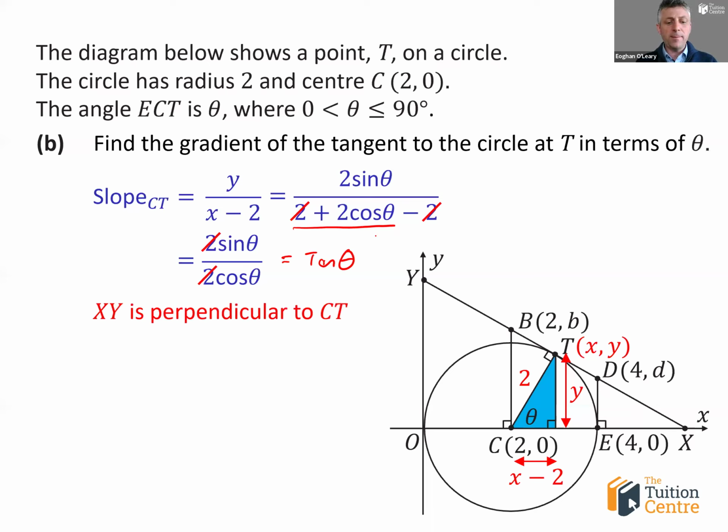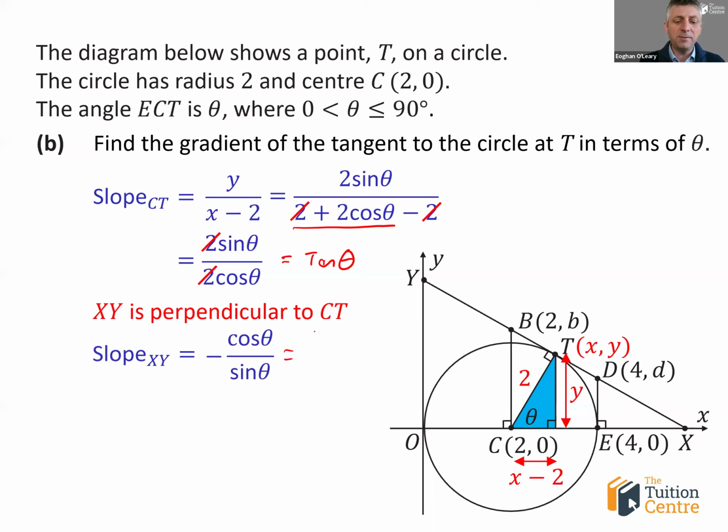Because xy is perpendicular to CT, because the tangent is perpendicular to the radius, I can say the slope of the tangent, well, I can invert and change the sign. So I'm going to have, instead of sine theta over cos theta, minus cos theta over sine theta.